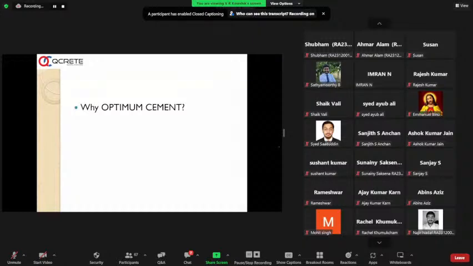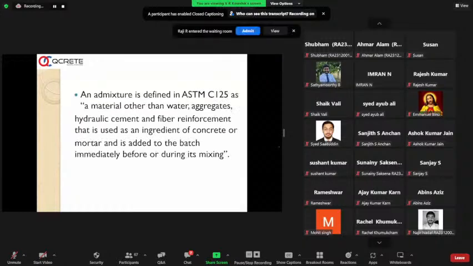A definition: up to 5% you can add a material which is other than fiber reinforcement, other than water, aggregates and hydraulic cement, which changes the fresh and hardened properties of concrete, modifies and betters the properties of concrete if we use it in a proper way.